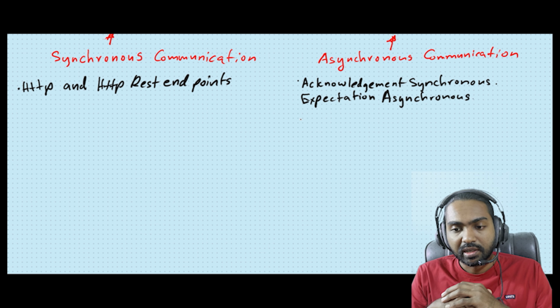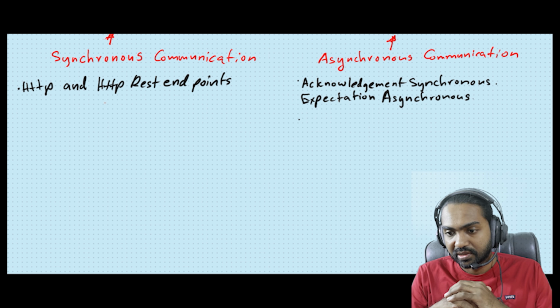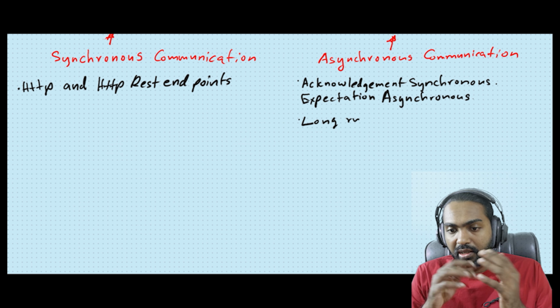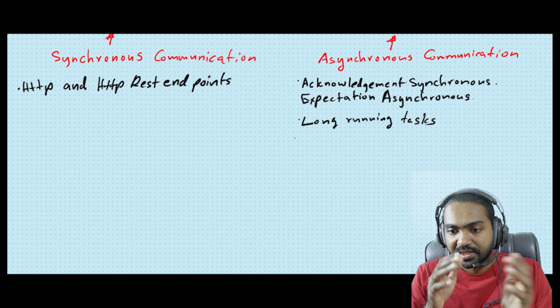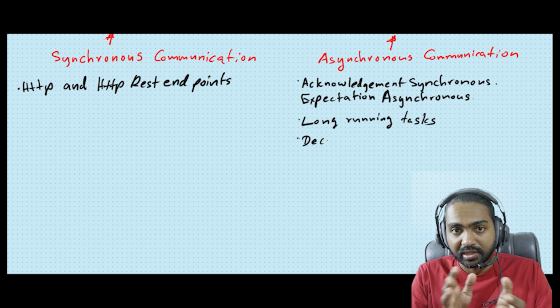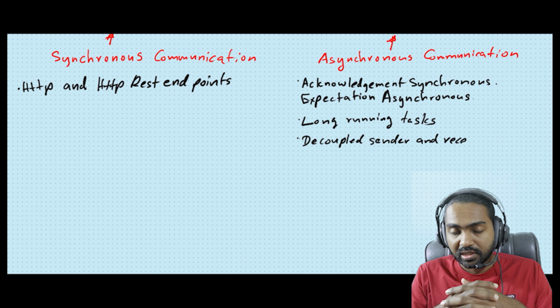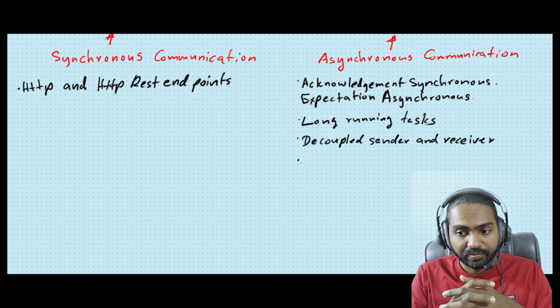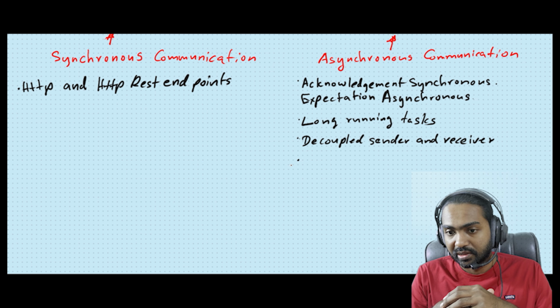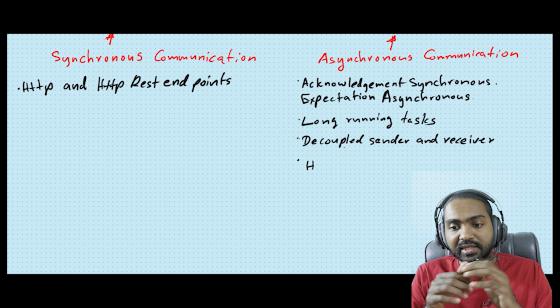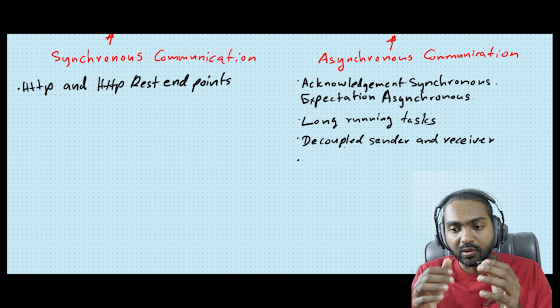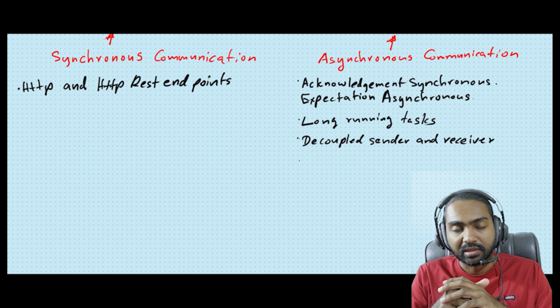Long-running tasks can be fired using an asynchronous event. In asynchronous communication, sender and the receiver are decoupled from each other. In case the receiver is busy, offline or in a downtime, the sender will not be impacted. This can easily bridge any load mismatches between the sender and receiver.